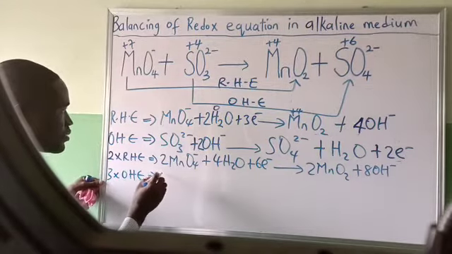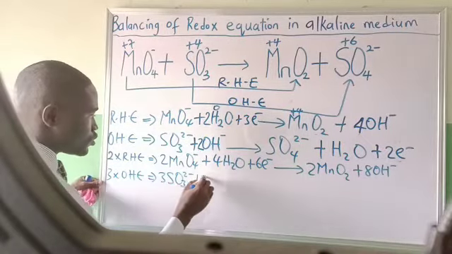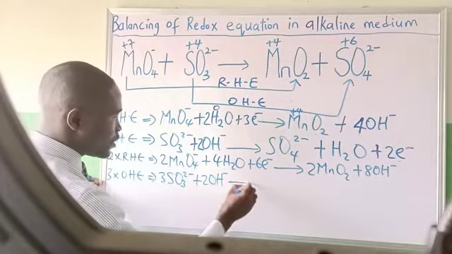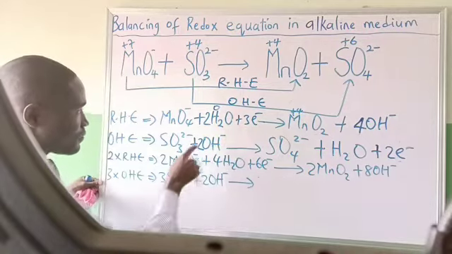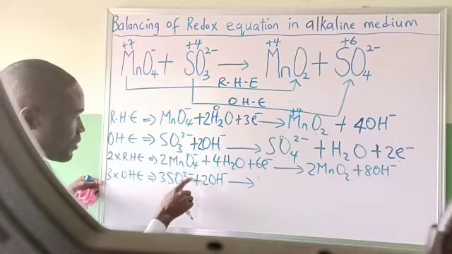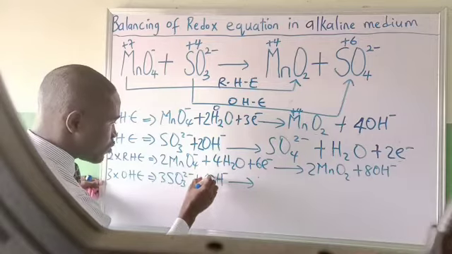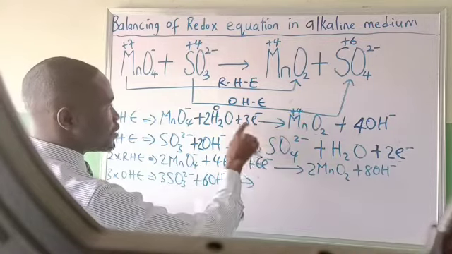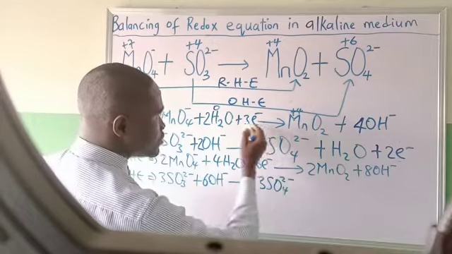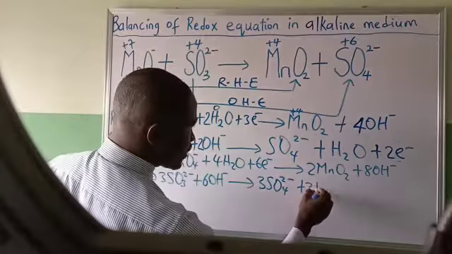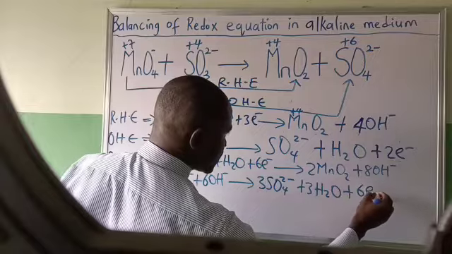That will be giving me 3SO3 2 minus plus 2OH to give me 3 times this, 3SO4 2 minus, 3 times this, 6OH ion to give me 3 times this, 3SO4 2 minus, 3 times this plus 3 water, 3 times this plus 6 electrons.